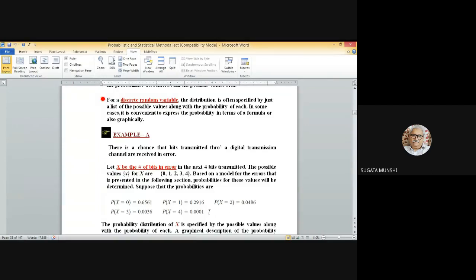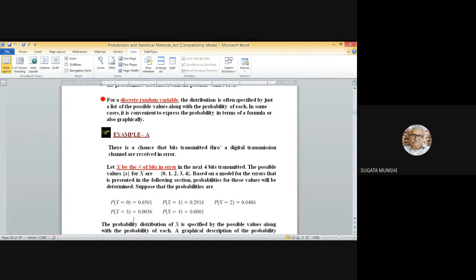For a well-designed system, remember that the number of bits in error will be very low. I mean, the probability will be very high that no bit will be in error. That is considered here the highest probability, because the engineer will always design the system in a manner such that no bit is ever in error.